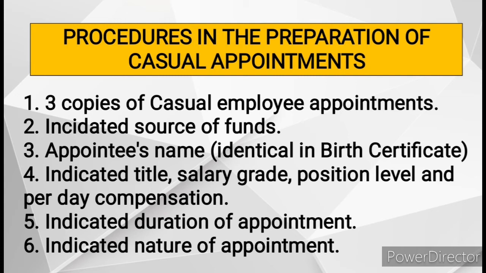The third one is the name on the appointment should be identical to that in the birth certificate or marriage certificate submitted by the appointee. The fourth one is the position title, salary grade, position level, and per day compensation shall always be indicated. Fifth, the duration or period of appointment shall also be indicated.